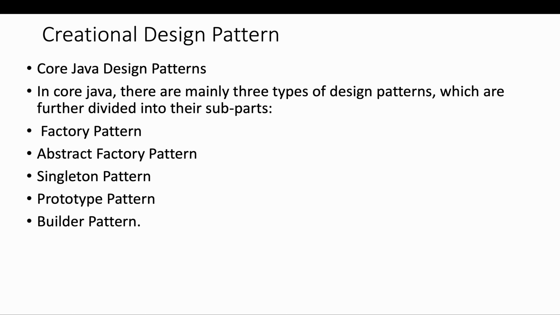That problem should be solved by the singleton design pattern. So to solve such kinds of problems while creating objects of a class, we will use creational design patterns. There are five types of creational design pattern: factory pattern, abstract factory, singleton, prototype, and builder patterns. These are the five creational design patterns in Java.